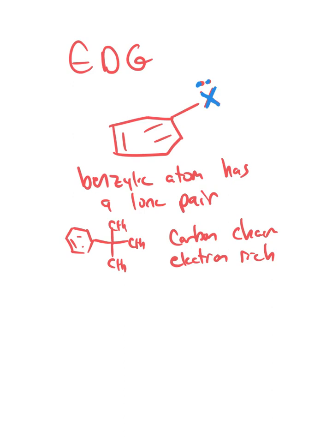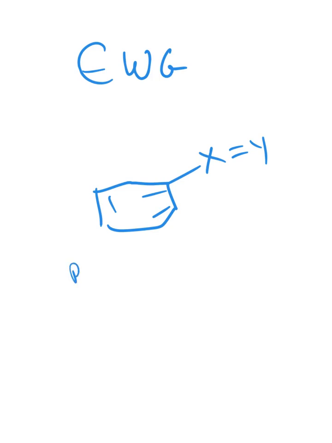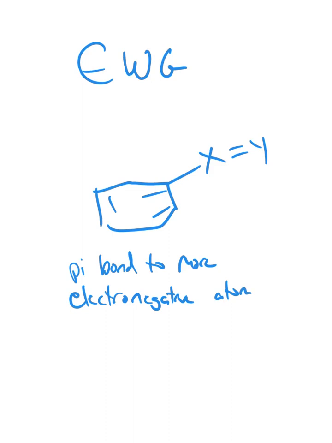The other possibility is the electron withdrawing group, and for the electron withdrawing group, as we have said in the past, it is a group off of the aromatic ring that has a pi bond to a more electronegative atom. So in this one, the XY, the Y has a partial negative, the X has a partial positive.